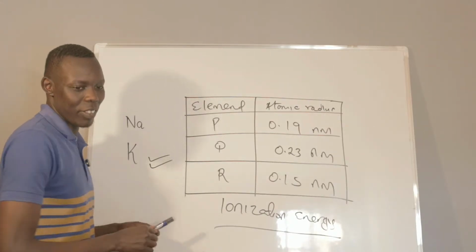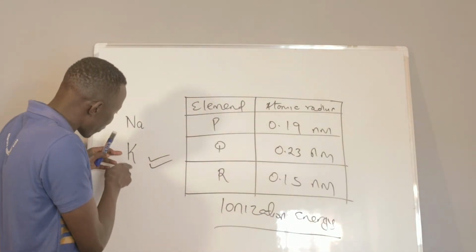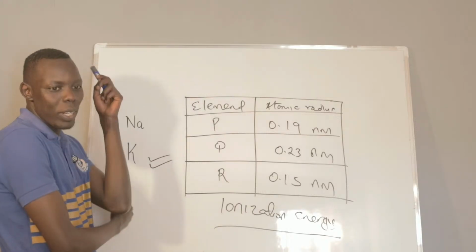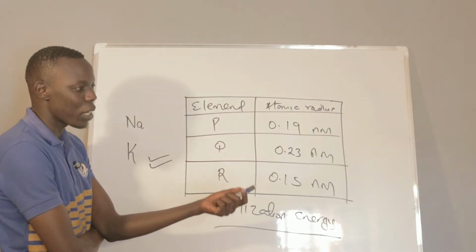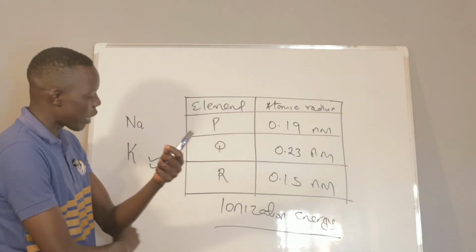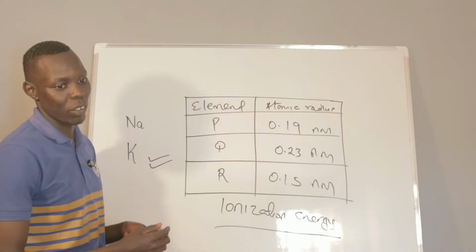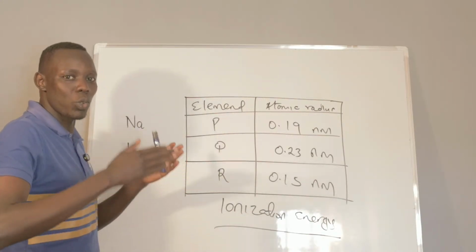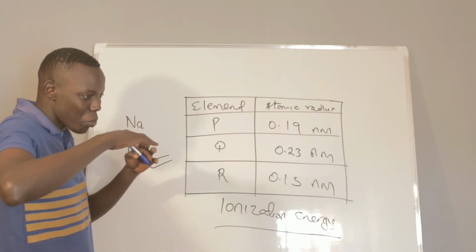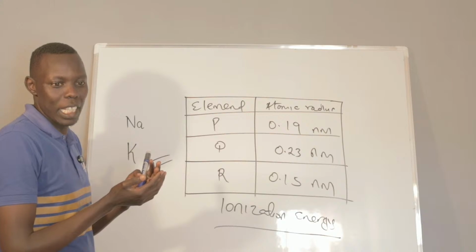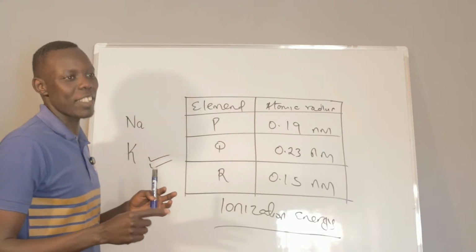It is the most reactive. Now, because it is the most reactive, between the two we understand potassium is more reactive than sodium. Which one has a higher ionization energy? Remember, ionization energy is the energy required to remove the outermost electron. For elements to react, that is metals, they must lose the outermost energy level. If it requires a lot of energy to lose the outermost electron, then it is the least reactive. If it requires a smaller amount of energy, it is the most reactive.